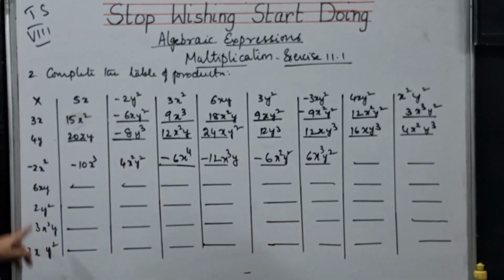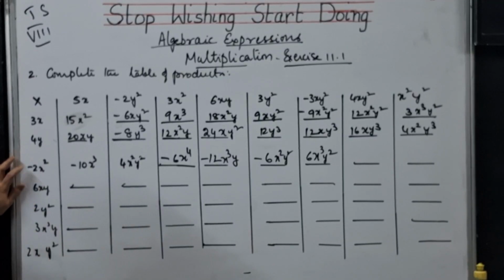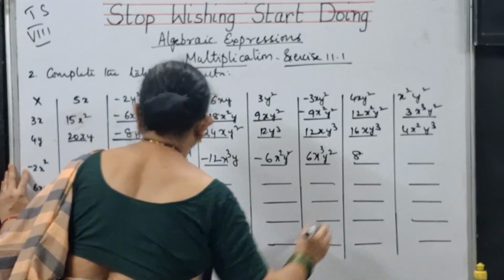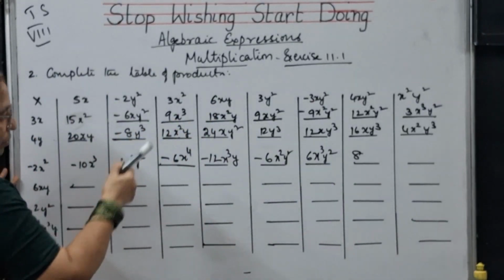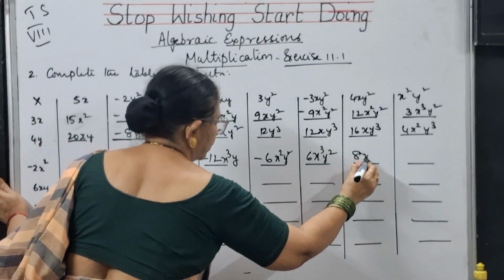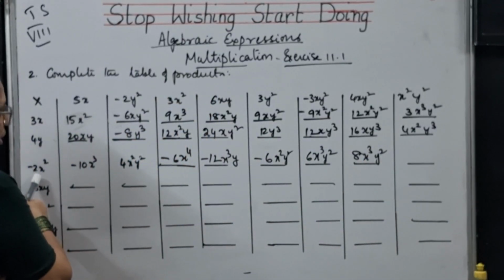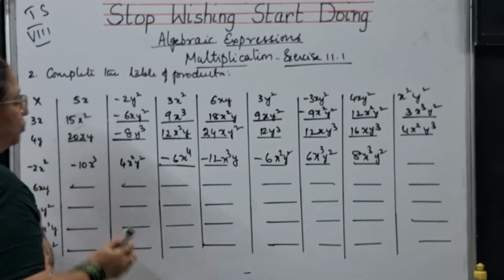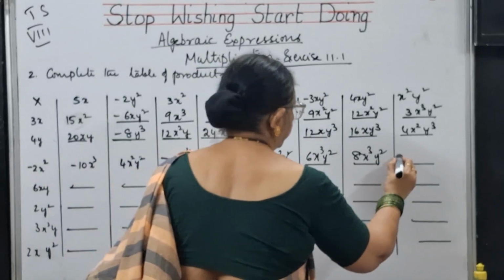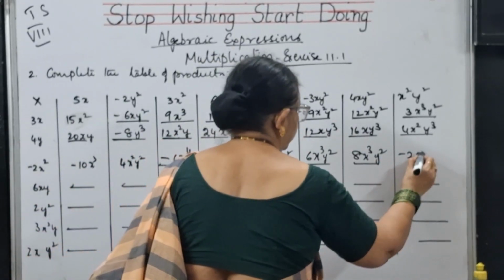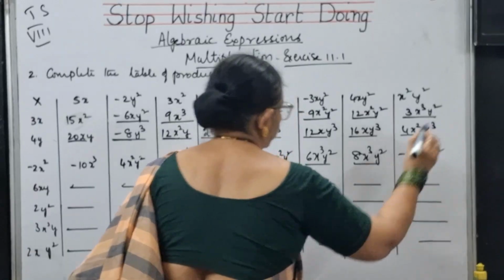Next, minus into plus minus, 2 4s are 8, x square into x, x cube, y square. Again, minus into plus minus, 2 1s are 2, minus 2, x square into x square, x to the power of 4, y square.